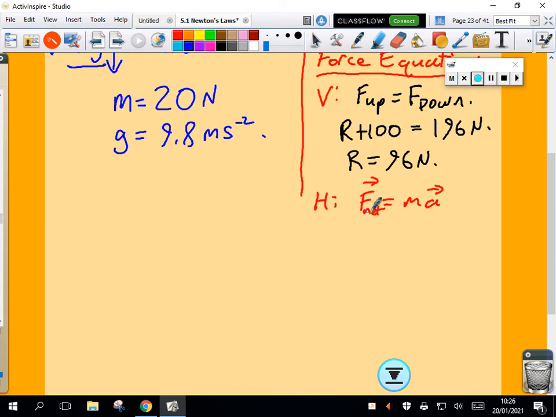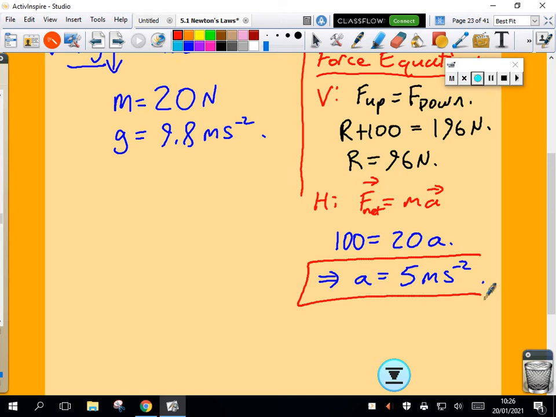So the net force, 100, is equal to the mass of the box, which I said was 20, times whatever the acceleration is. And from that, you can work out that the acceleration of the box, in this case, will be 5 meters per second squared. So we can figure out lots of things that are going to happen in this case.